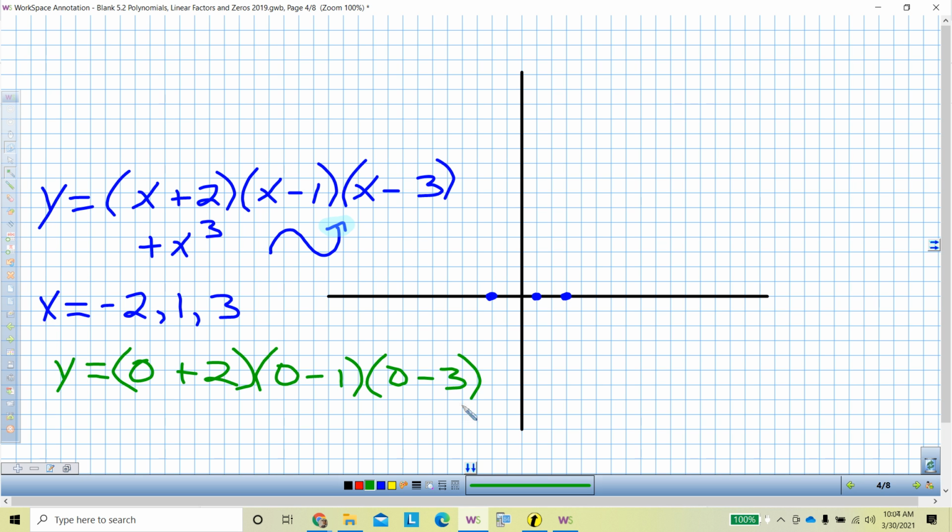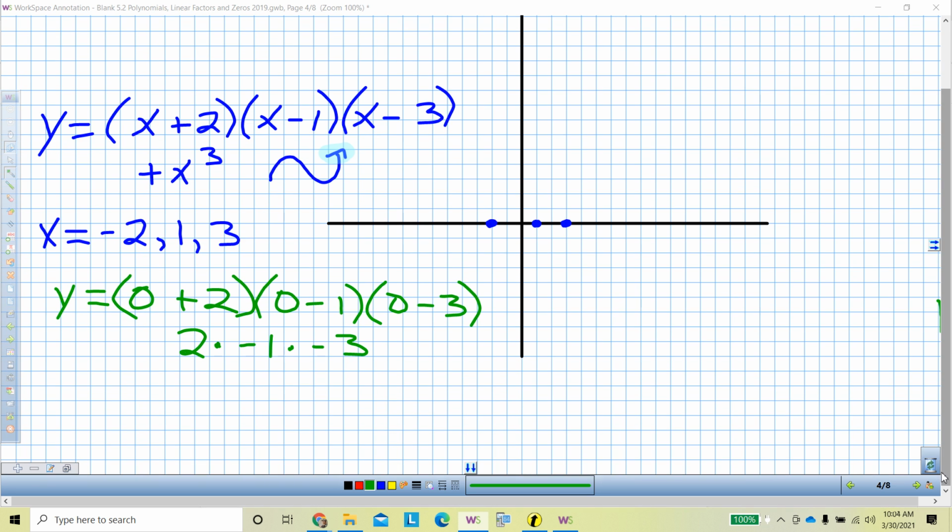So when I plug in 0 for x, basically the x's disappear, right? And I'm just multiplying the numbers together. So like 2 times -1 times -3. So 2 times -1 times -3 is +6. So I get y equals 6.